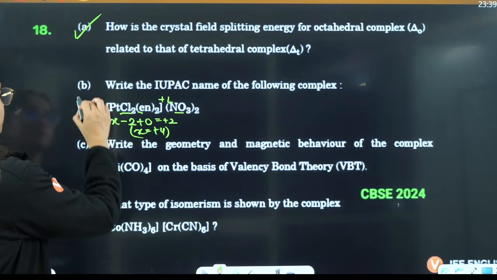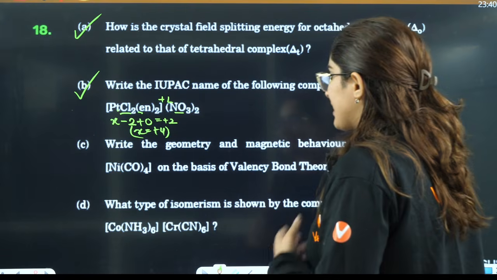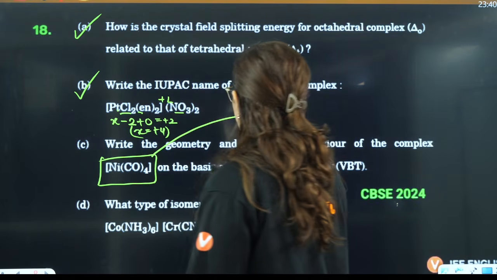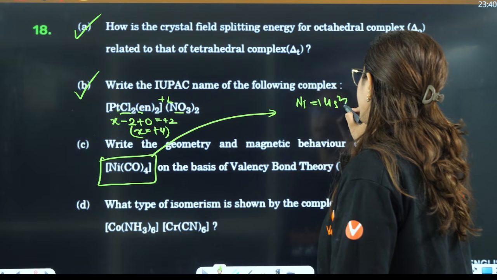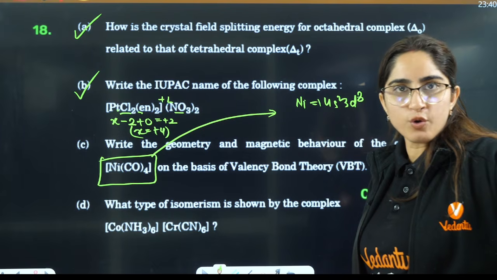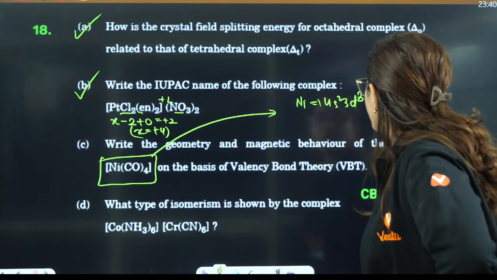Next one is, write the geometry and magnetic behavior of Ni(CO)4. It is also quite easy. Ni is 4s2 3d8. The carbonyl ligand is neutral, so here the oxidation state is 0 only.